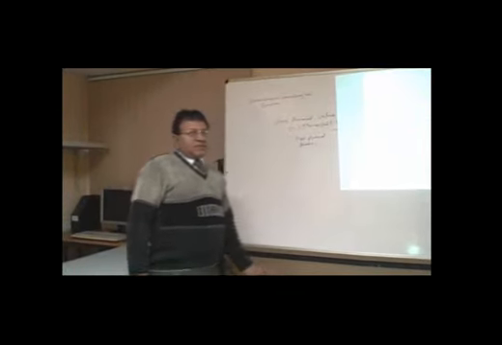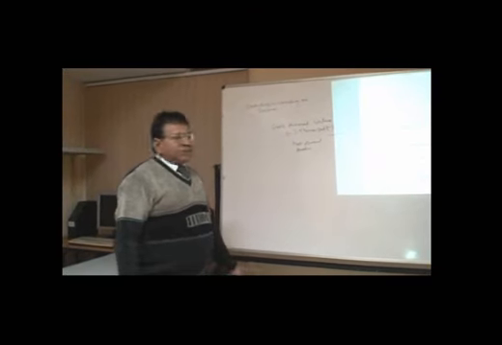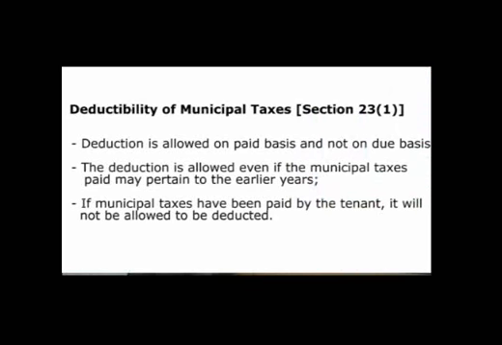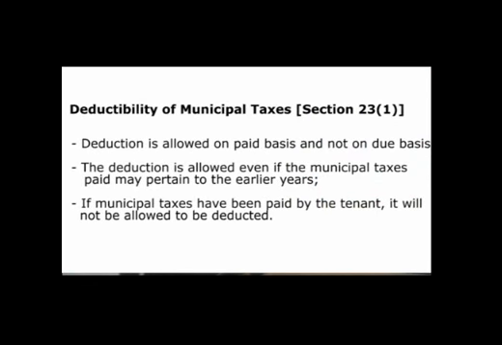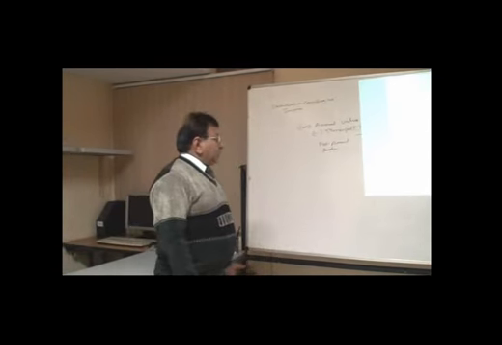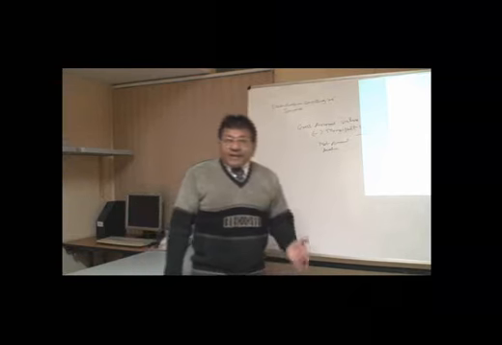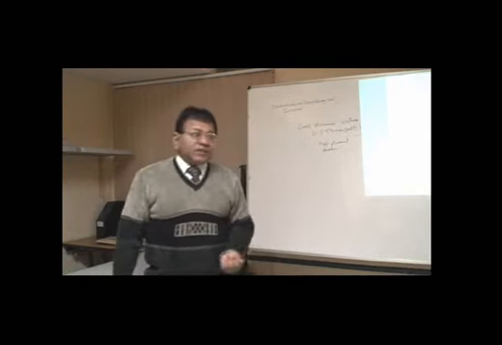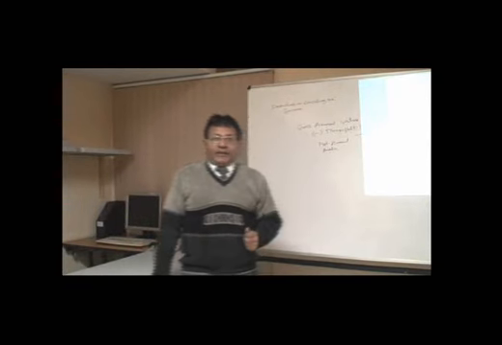This deduction is pursuant to sub-section 1 of section 23, and this deduction is allowed on paid basis. This deduction of municipal tax is allowed on paid basis and not on the due basis. The municipal taxes may be due on the part of the assessee, but if he has not paid them, no deduction would be allowed for computing the total income.